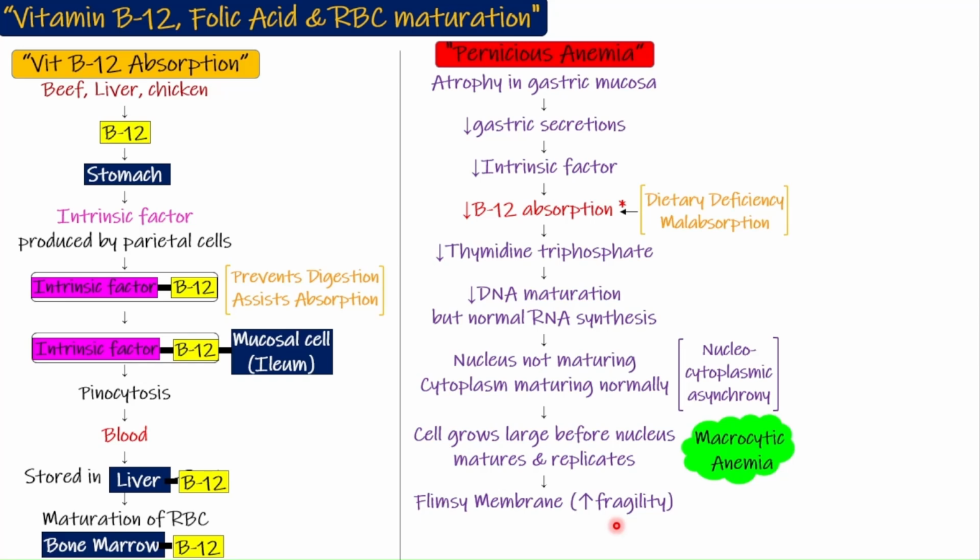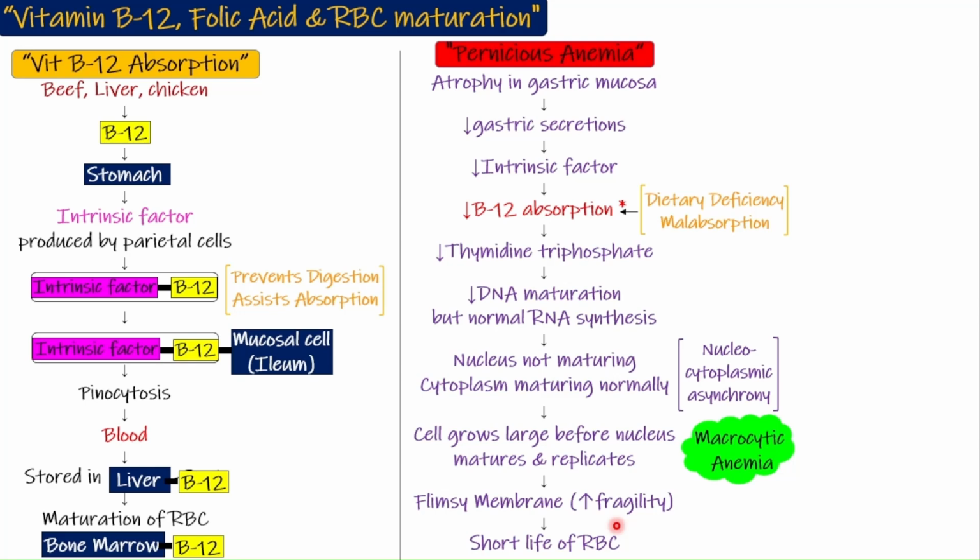Whenever the fragility of the membrane is increased, this RBC is easily ruptured. So this RBC will have a short life. This large size, this macrocytic RBC, having an increased mean corpuscular volume, will have a short life, and because of this short life, it will result in anemia.